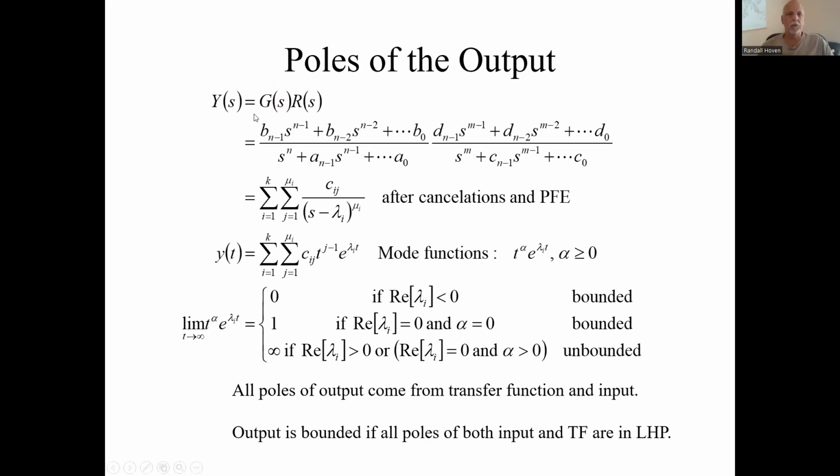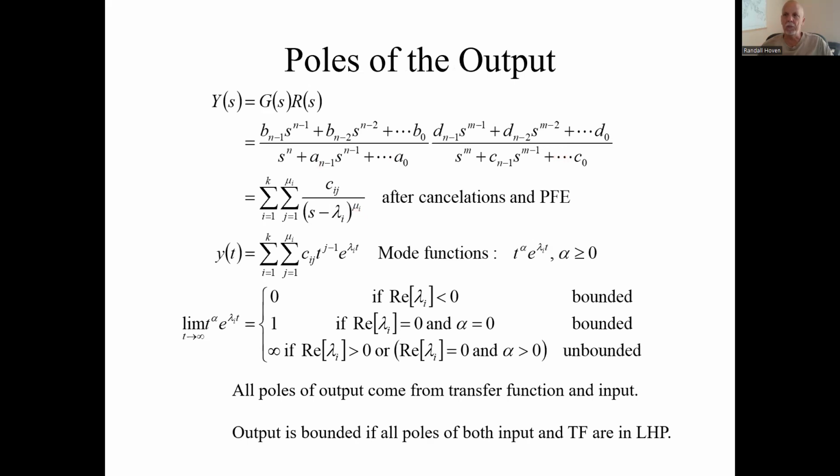But this transfer function in general would look like this: a polynomial in S over a polynomial in S. And we'll say the input has the same form. After any zeros cancel any poles on either side, and you do partial fraction expansion, it becomes a sum of terms like this, where these lambdas are the poles, or the combined poles of both of these after cancellation.